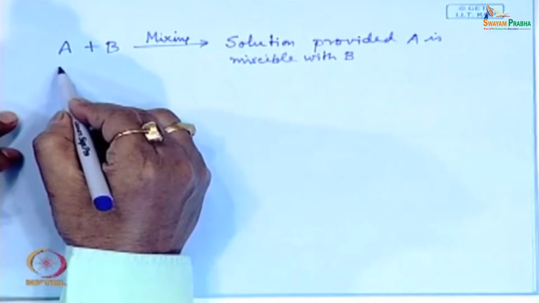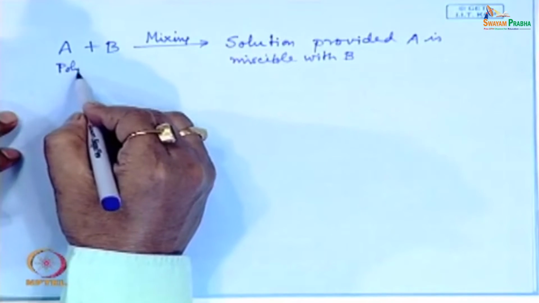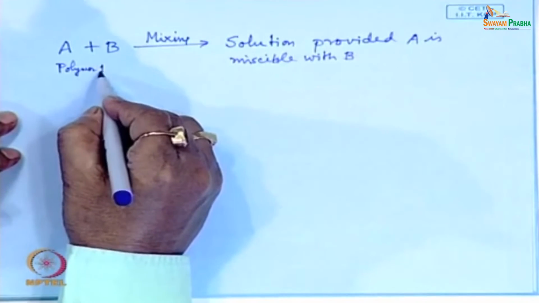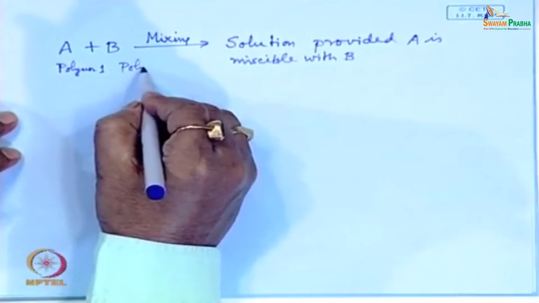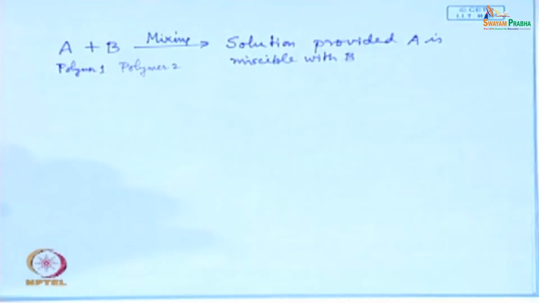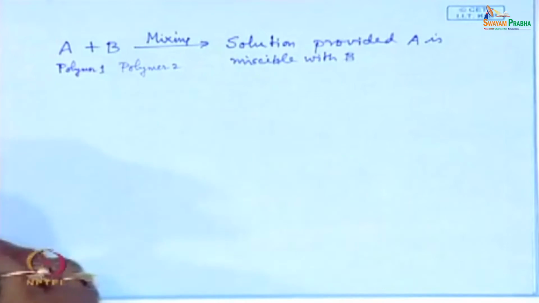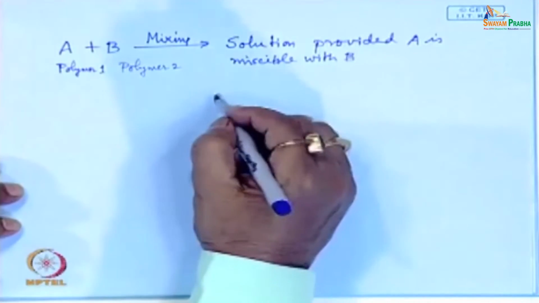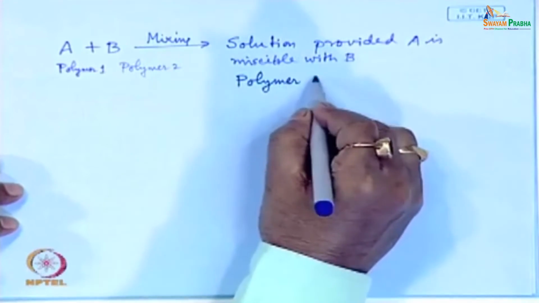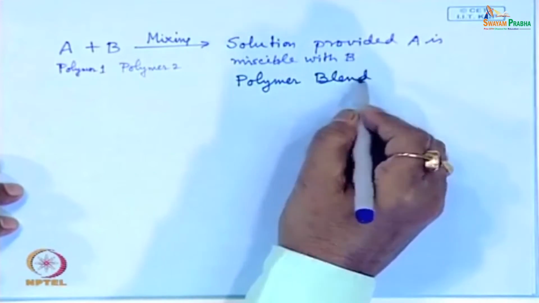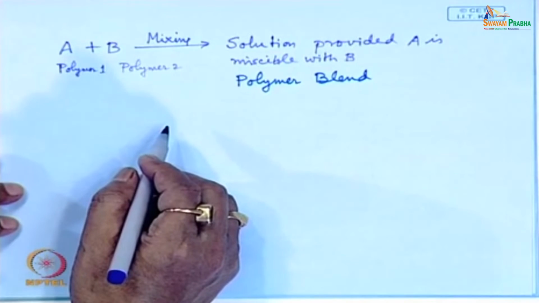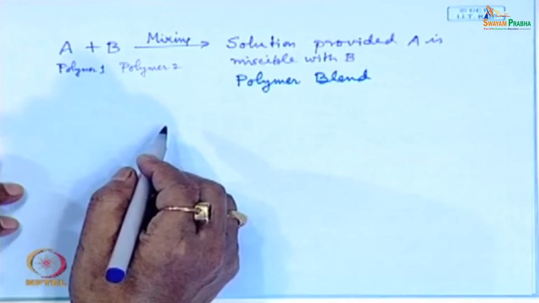Now, if you take A as polymer 1 and B as polymer 2, then you can get a polymer blend of polymer 1 and polymer 2, provided they are miscible.